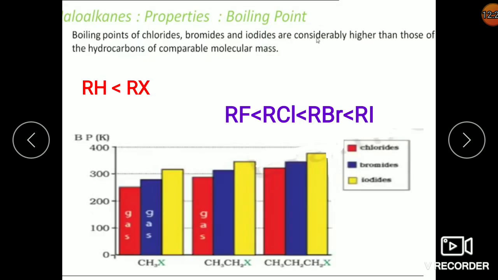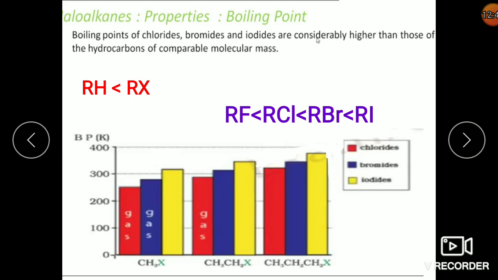Next we see the boiling point. Now look at this graphical presentation. Here the red part is for chlorine, blue is for bromine, and I is for iodine. They have given approximate values, a statistical representation.